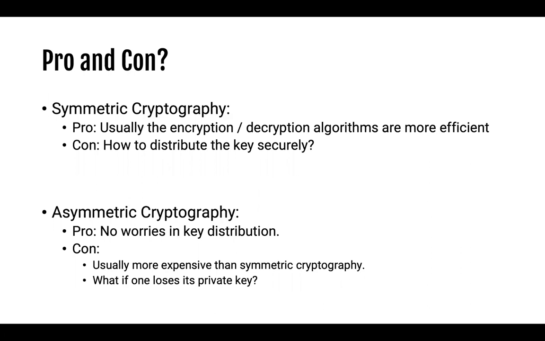And also, what if someone loses their private key? Because as we said, someone like Bob is the only person that maintains and keeps this key. But if Bob is careless, no one can save him. But for symmetric cryptography, even if someone loses the key, the person sharing messages with you can tell you again what this key is, because he has the same key as yours.